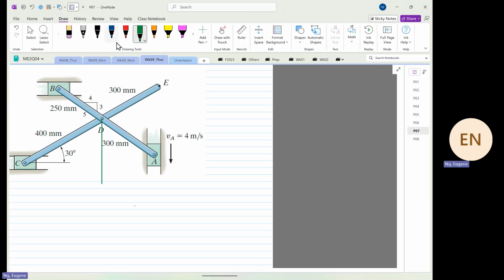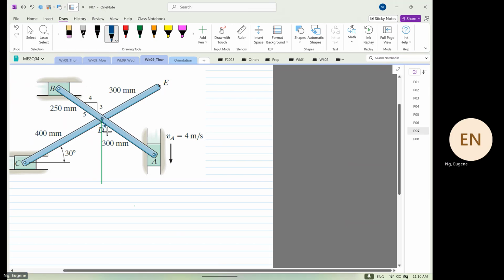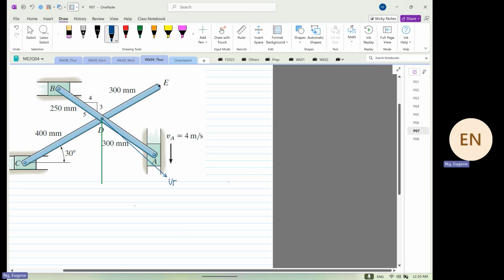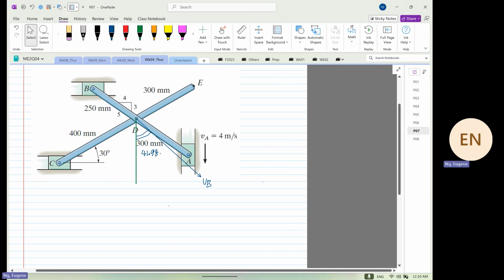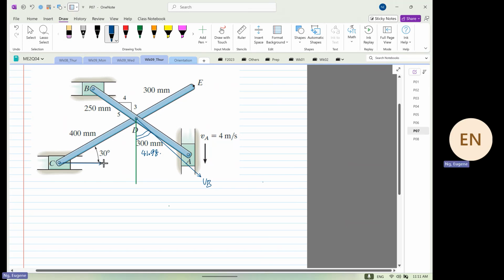So if I were to sketch 41.98, this is my VB, and this angle over here is 41.98. So we know one velocity vector. We are also very sure that this direction over here is our VC.